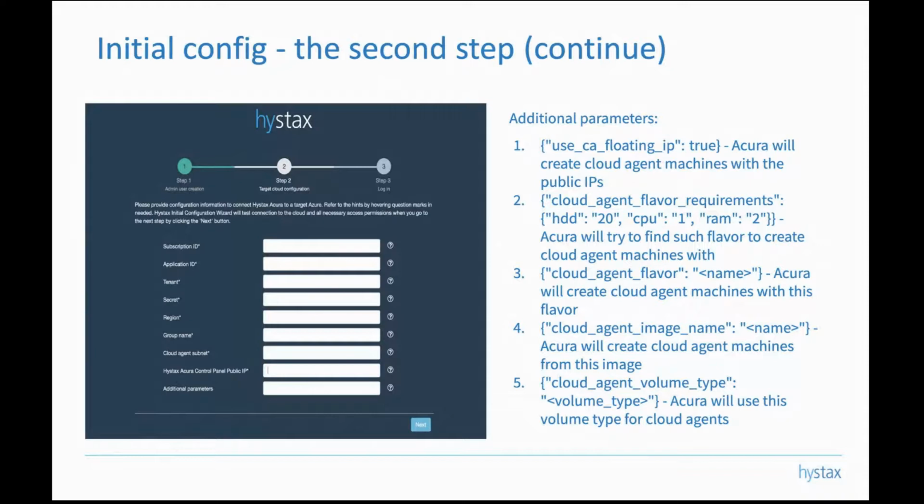If the flavor used for the Cloud Agent is bigger than the default one, the Cloud Agent will be able to get more disks attached, and you will get a smaller number of Cloud Agents. But that will be more expensive for one specific Cloud Agent. I mean, the cost.